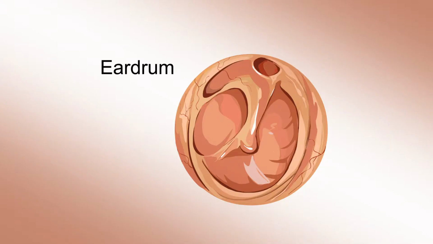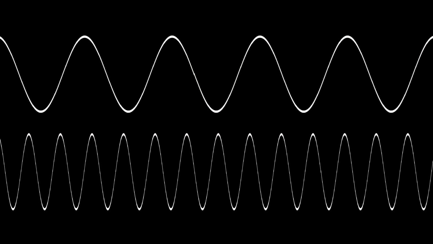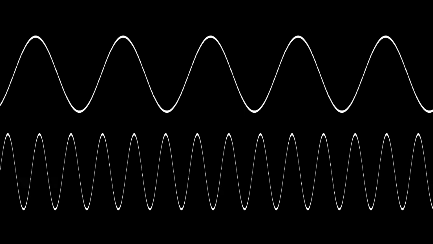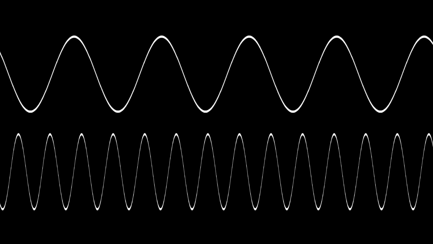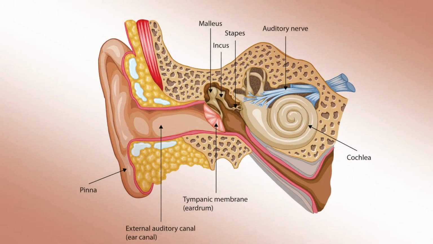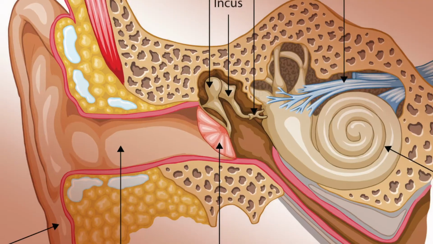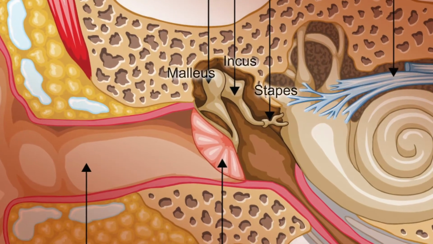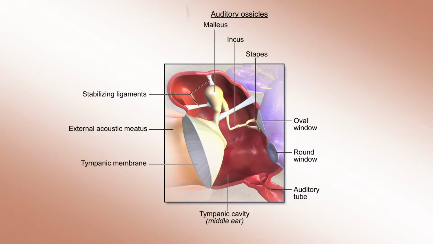Now sound actually has different frequency in it. That means high notes have a high frequency and low notes have a low frequency, and different amplitudes, and that's the volume. And the drum vibrates with the different frequency and amplitude, and that frequency and amplitude is then transferred to these three little bones, the smallest bones in the body, called the malleus, incus and stapes, which, by a gearing effect, multiply the frequency and the amplitude of the sound by 22 times.